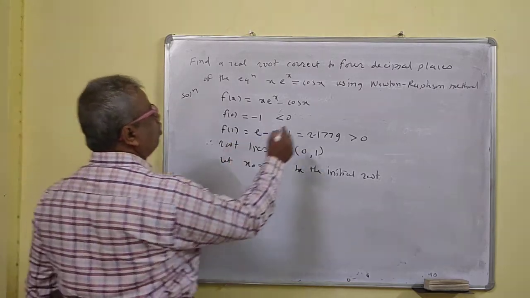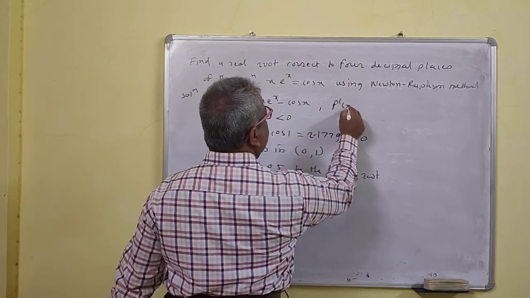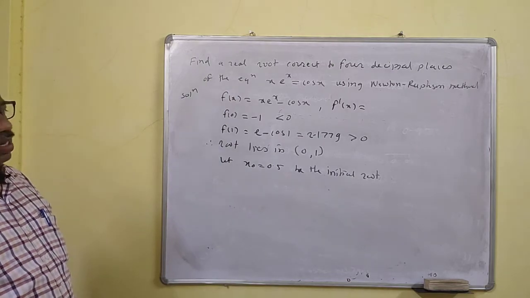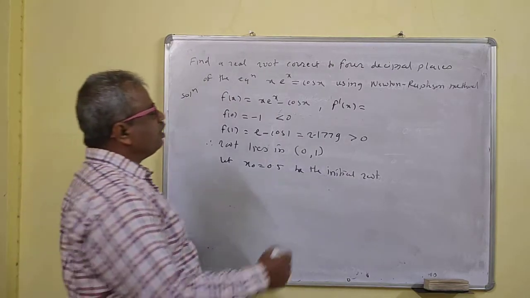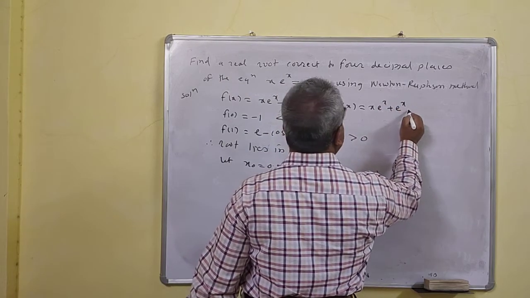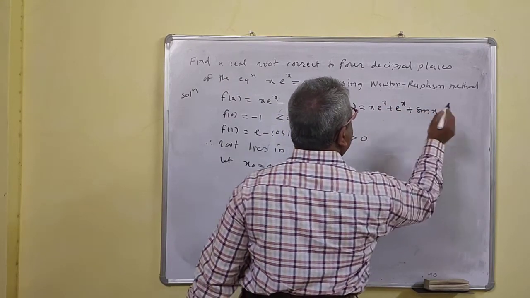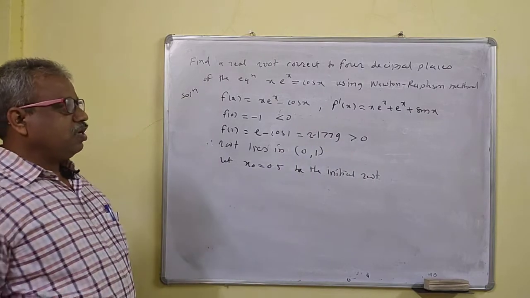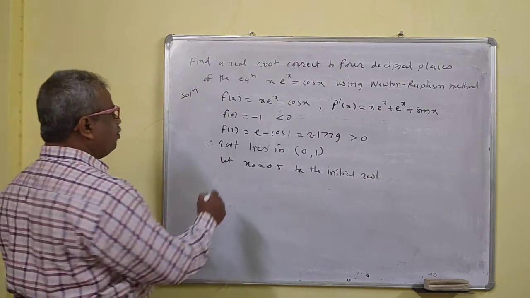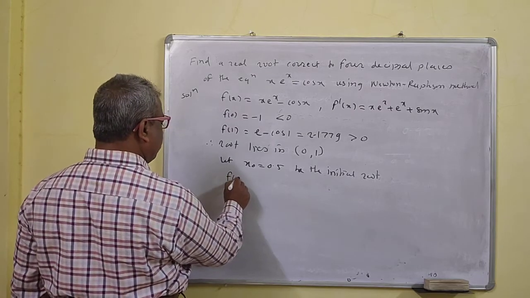So you need to find f prime x also, because you know that in the Newton-Raphson method we need the derivative. So find the derivative of this one. This is x e raised to x plus e raised to x plus sin x. Okay, so this is your derivative here. Now we have to find f of 0.5.